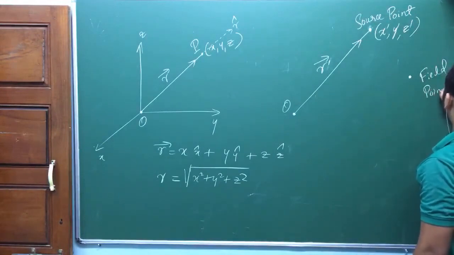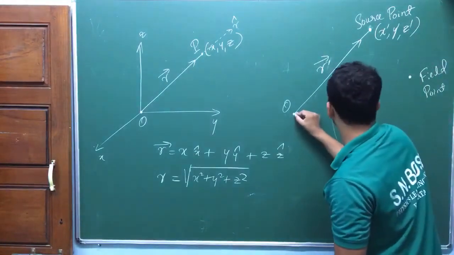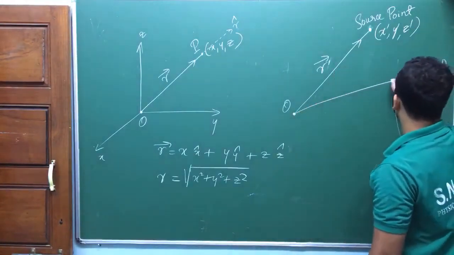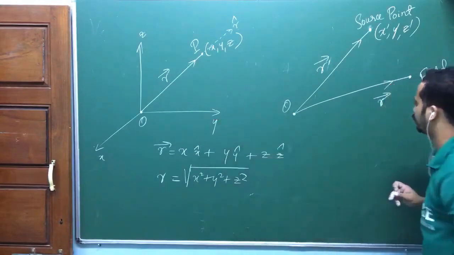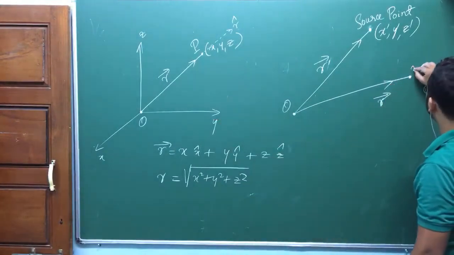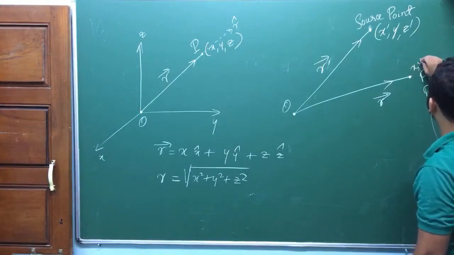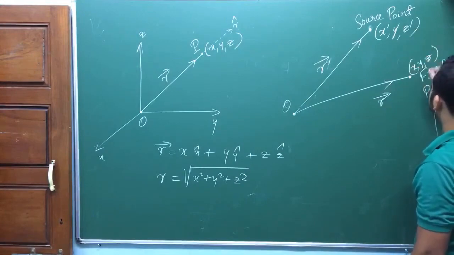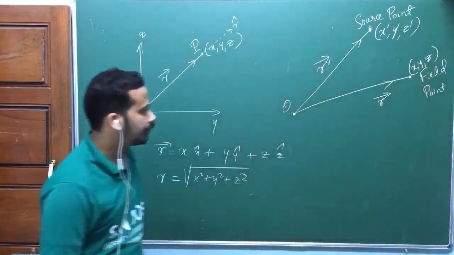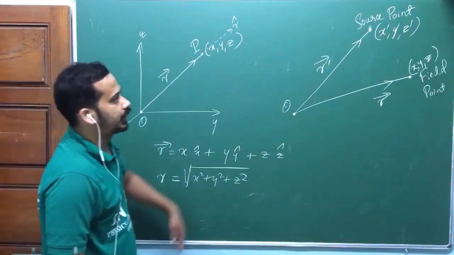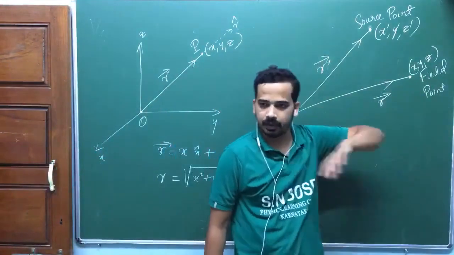From origin to the field point, that is written as R vector, just like a position vector, and the field point is noted as X, Y, Z. Source point is X prime, Y prime, Z prime.